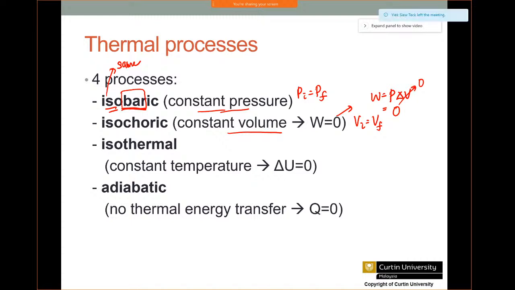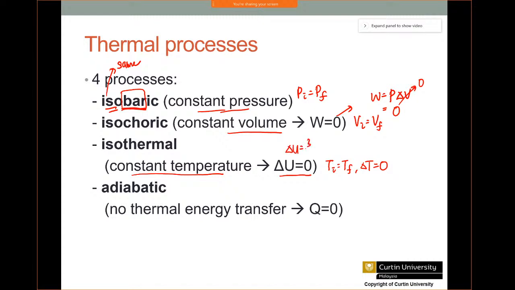Isothermal means constant temperature. If your initial temperature equals final temperature, there is no change in temperature. In another way, we can say there is no change in internal energy as well, right?